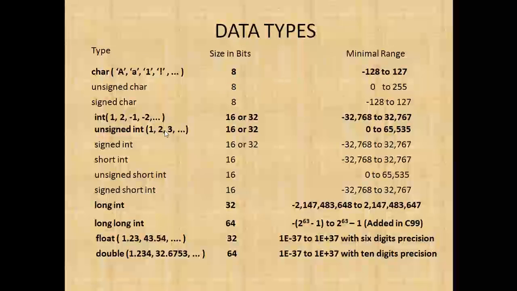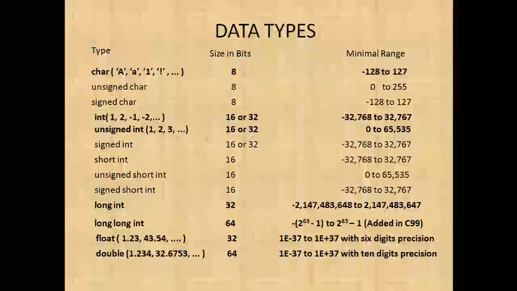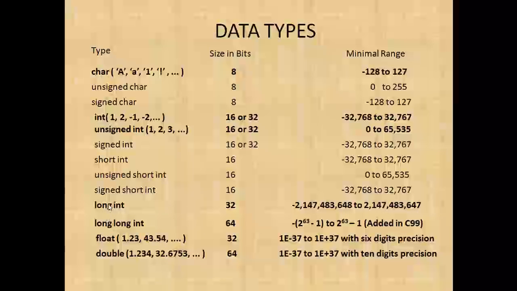And unsigned int is for unsigned integers, not negative numbers, like 0, 1, 2, 3, 4 and so on. And this is long int. As I have already stated, int can be 16-bit or 32-bit.